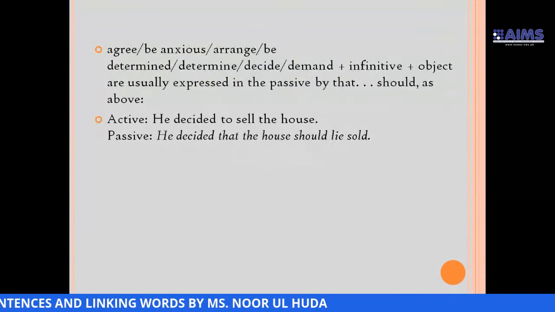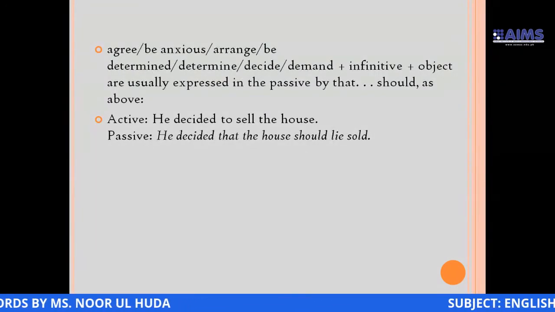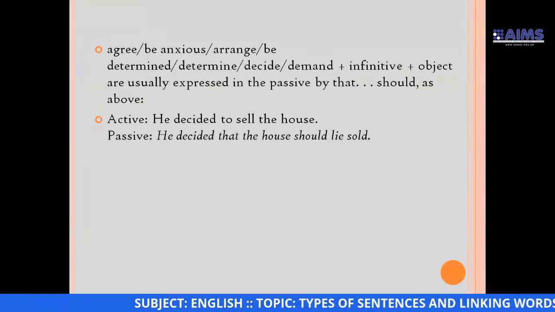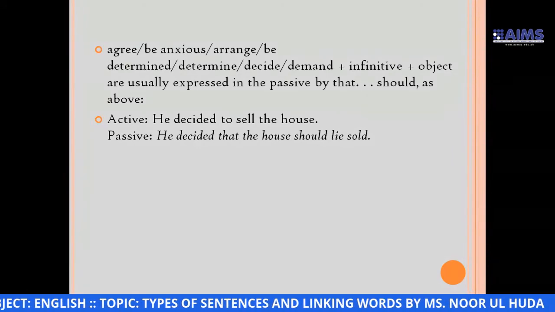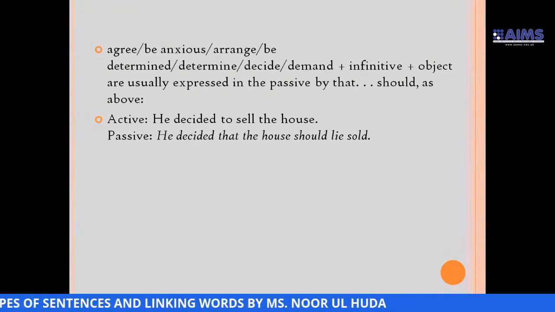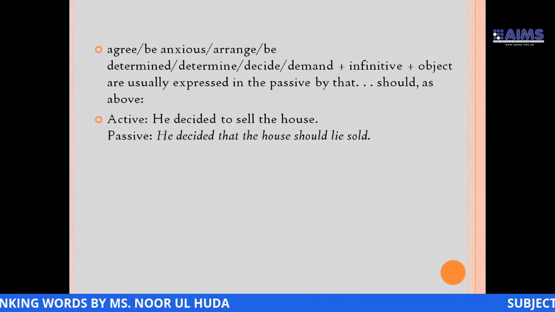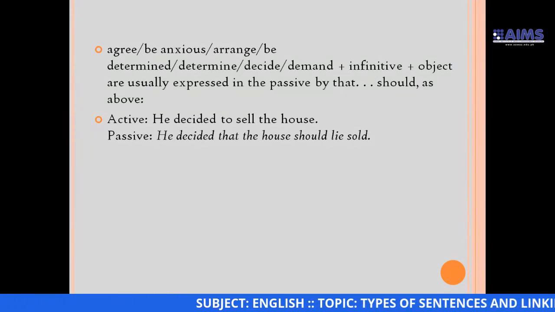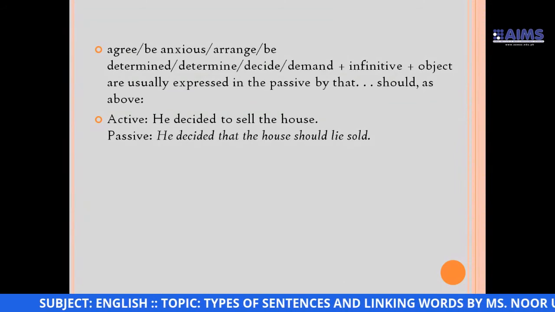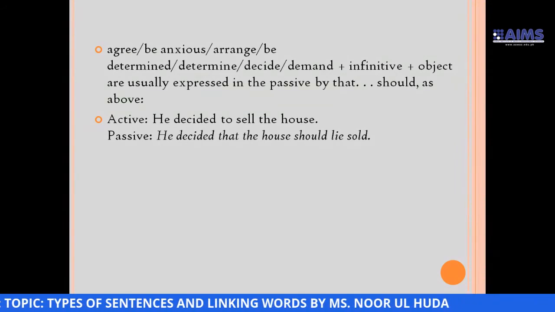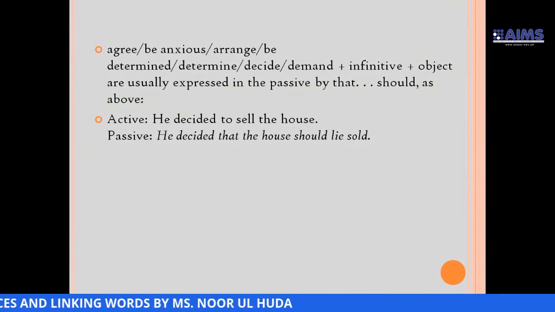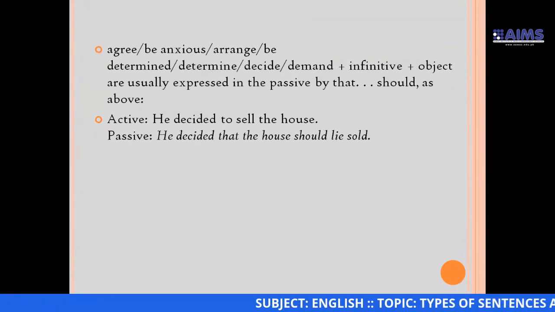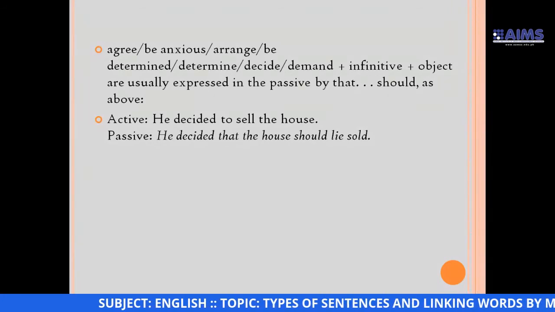Now, if the sentence has this kind of tone in it, that he is agreeing, or getting anxious, or wants to arrange, be determined, determine, decide, demand, plus infinitive, meaning the bare form of the verb, like he decided to have, or to do, to collect, plus object, these are usually expressed in the passive by that, should, or as a.